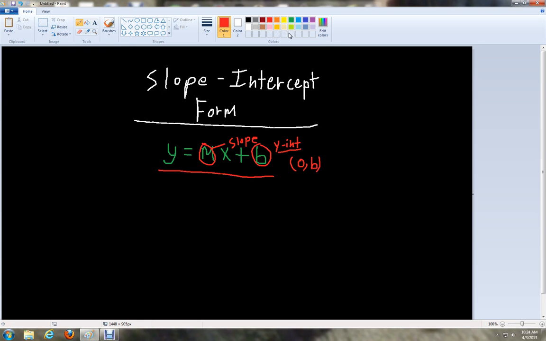If we were to draw a quick example of a line, there's our coordinate plane, we have x and y axes, and we draw a line. This point right here, where the graph crosses the y-axis, is called the y-intercept, and we'll call that (0, b).